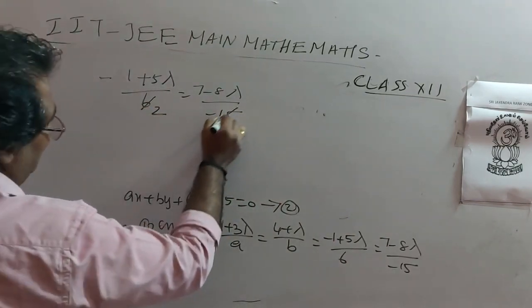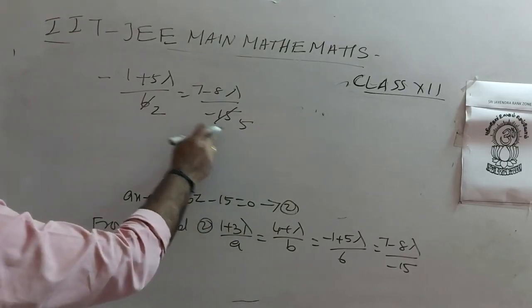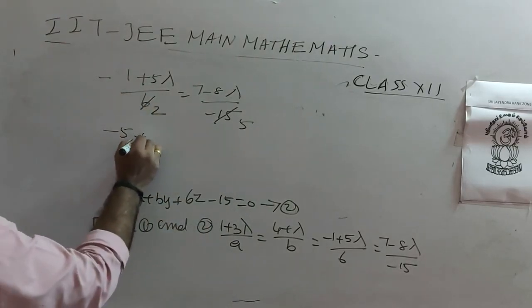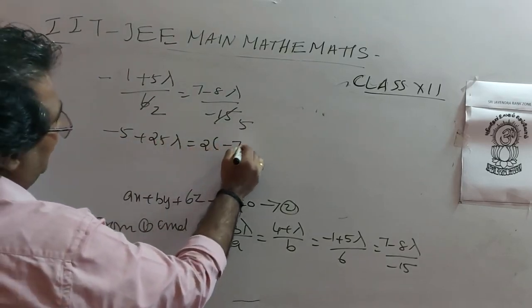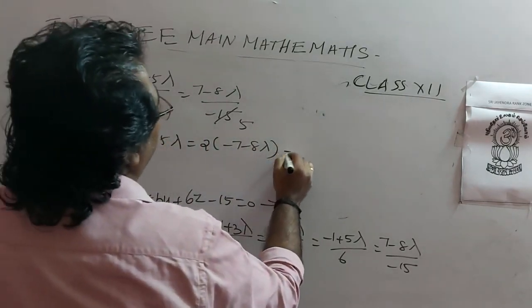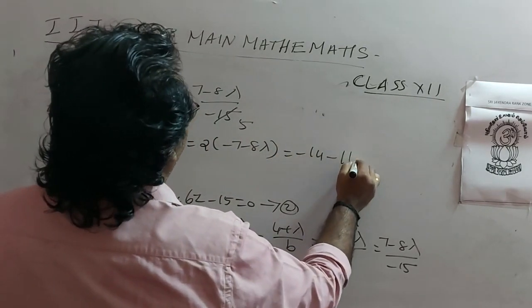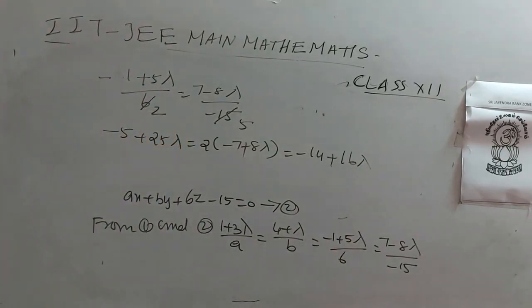2 times here, 5 times here: 5 into minus 1 plus 5 lambda, that is minus 5 plus 25 lambda, equal to 2 into 7 minus 8 lambda, that is minus 14 plus 16 lambda.